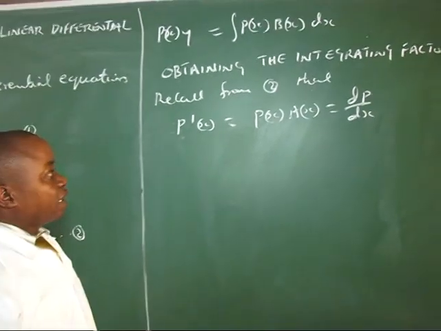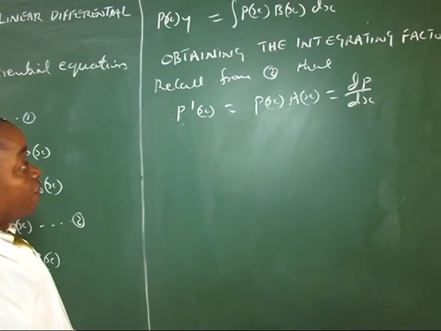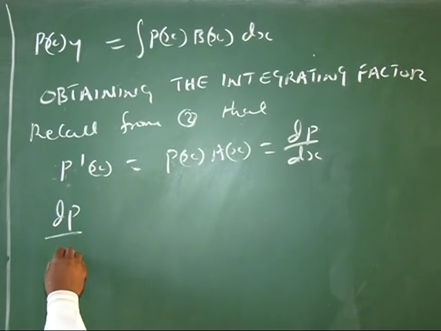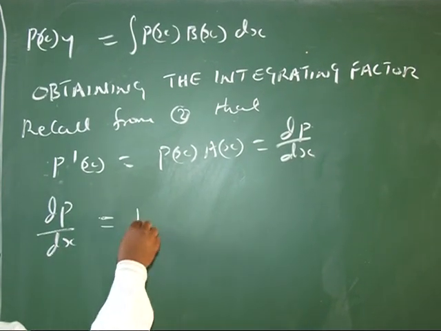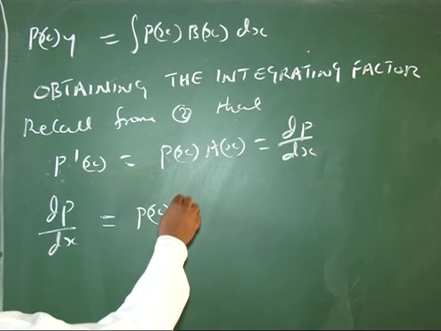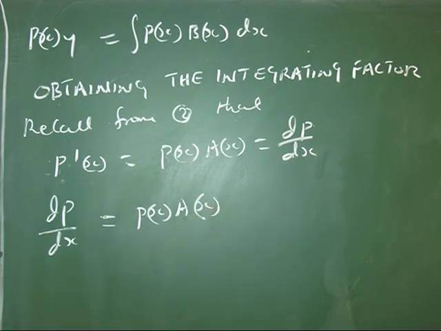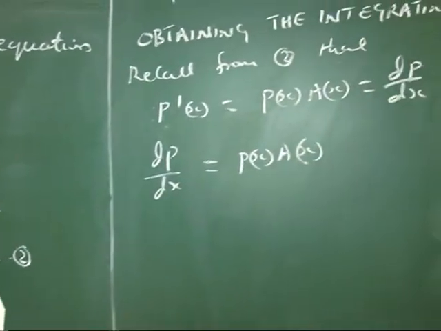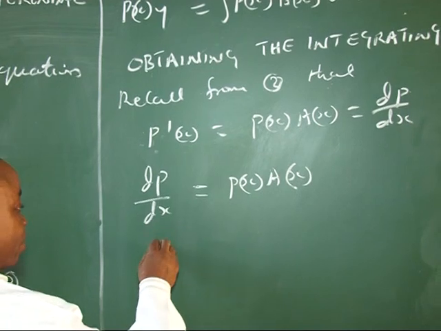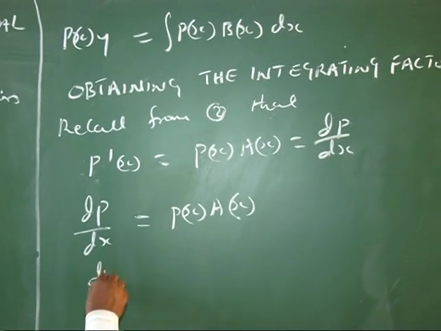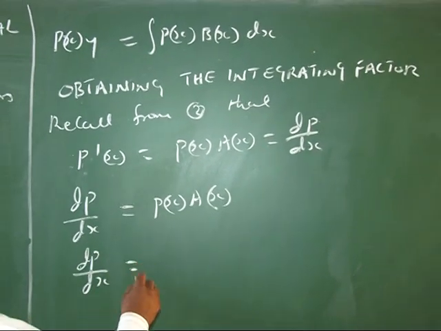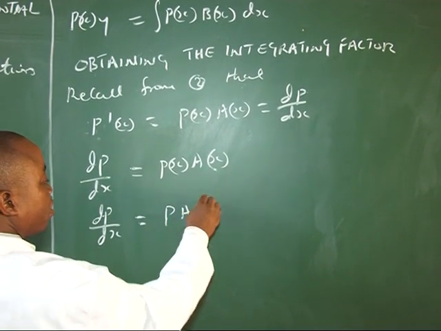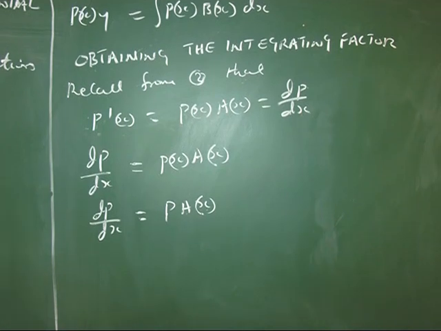So I can then write that dp/dx is equal to p of x times a of x, which I can also write as dp/dx equals p a of x.